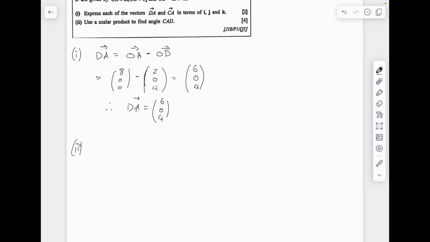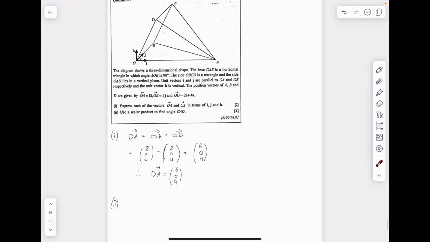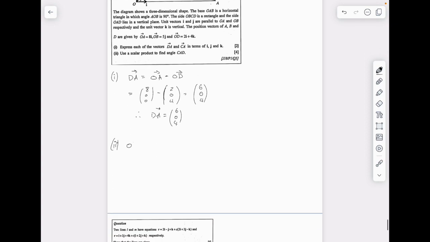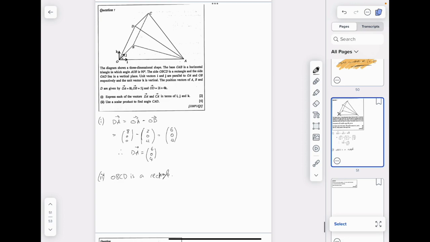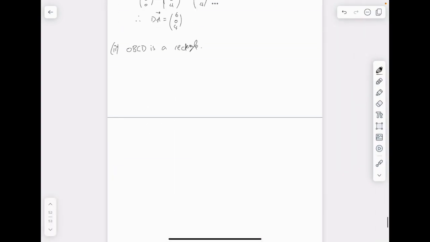Now, CA is a bit different. So we've got to say to ourselves, firstly, where is CA? CA is here. So how do we approach this now? Well, what we say is that OBCD is a rectangle. And if we've got a rectangle, guys, what does that mean?